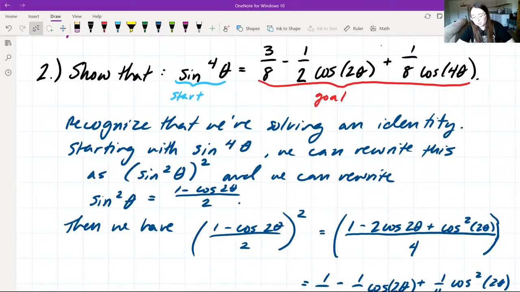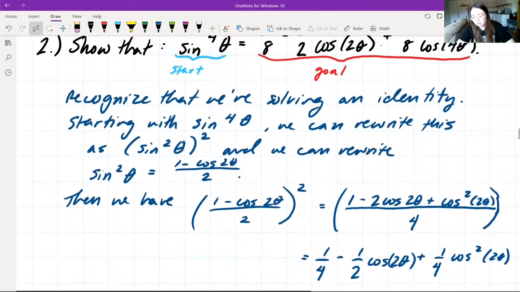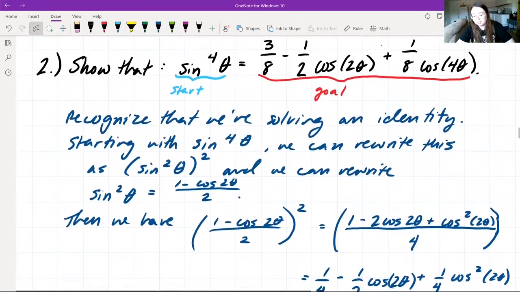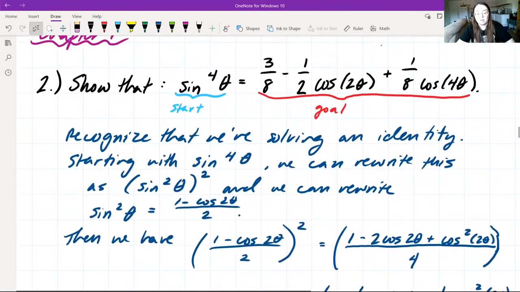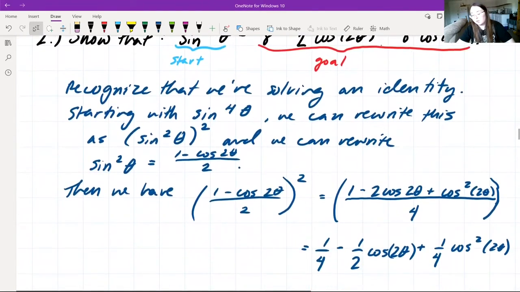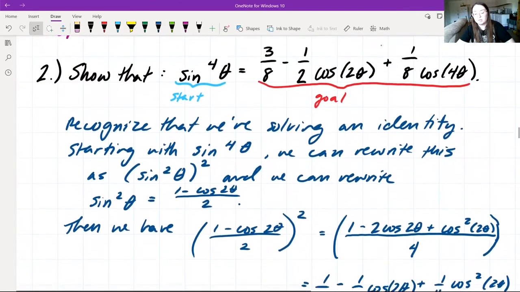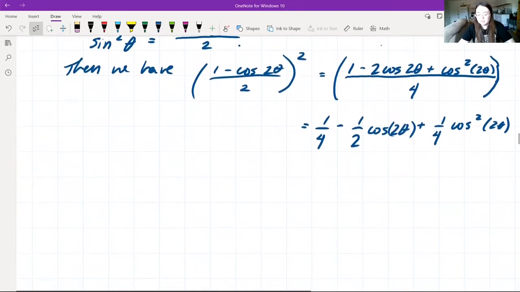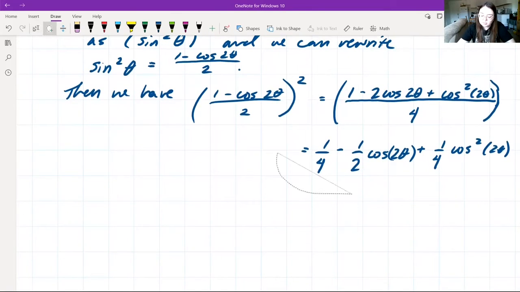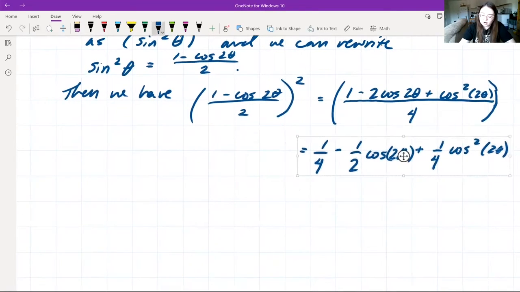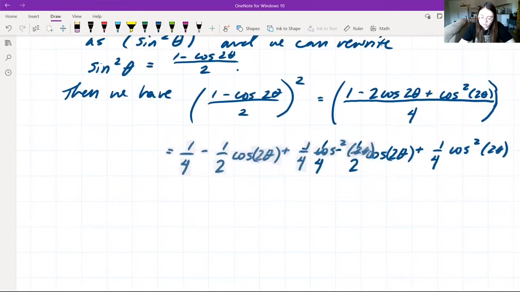But the parts that we see here that are different are going to be our 1/4. We know that it looks like it has to be 3/8. And our 1/4 cosine squared of 2 theta should end up looking like 1/8 cosine of 4 theta. So we're going to end up replacing cosine squared of 2 theta.